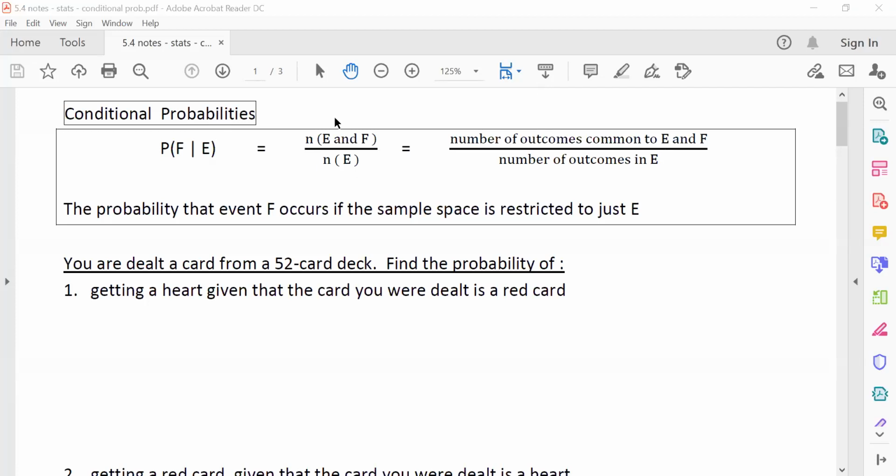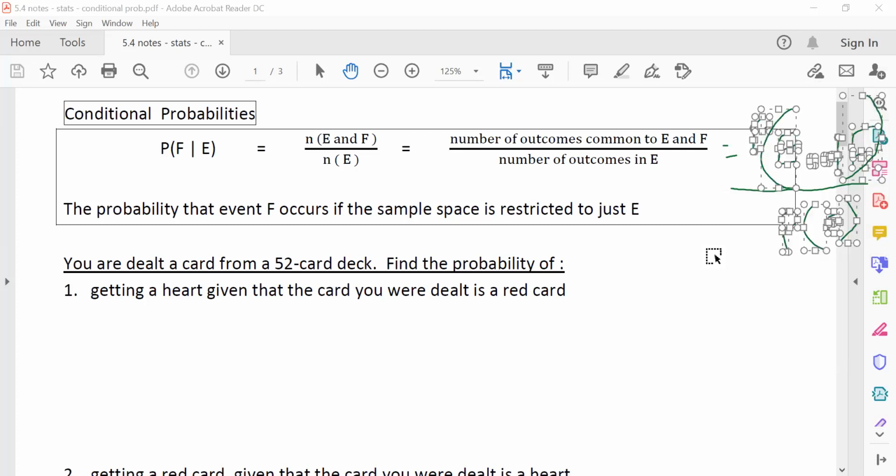Another way to write this is you could say it's the probability that both E and F take place, divided by the probability that E takes place. Maybe I'll move that down so it's a little easier to see. That's another way to formulate it.